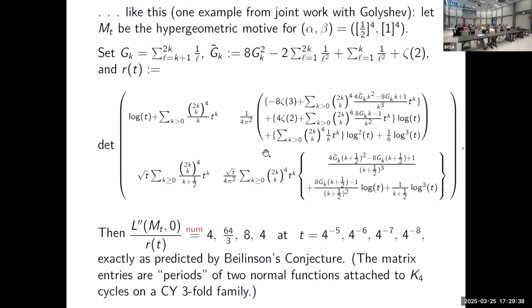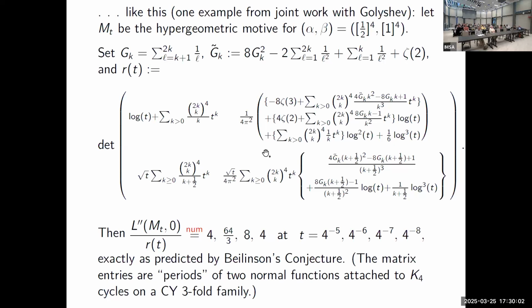Then L double prime of M_T at 0 over R of T, this determinant, can be numerically verified to be a rational number, as expected by Beilinson's conjecture, at these 4 values of T. Also at, I think, 1, 1/4, 1/16, 1/64, I think.